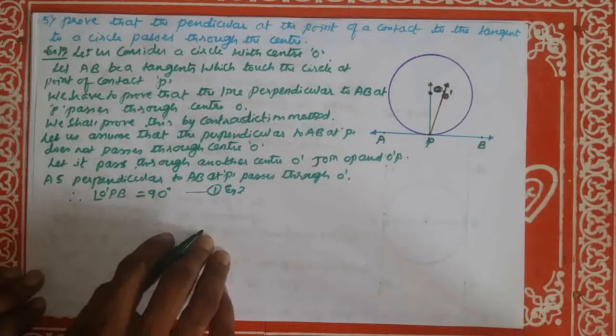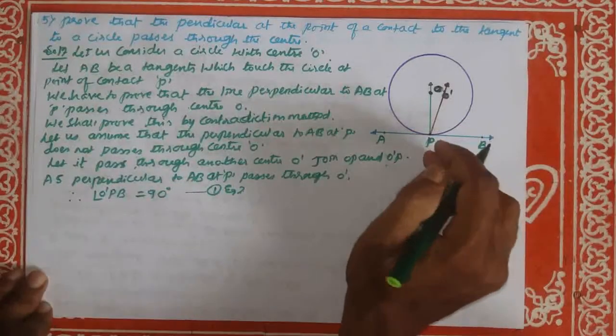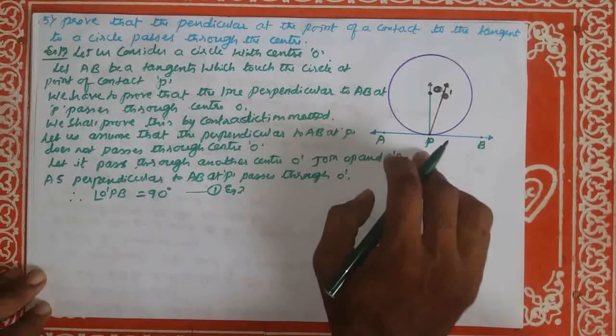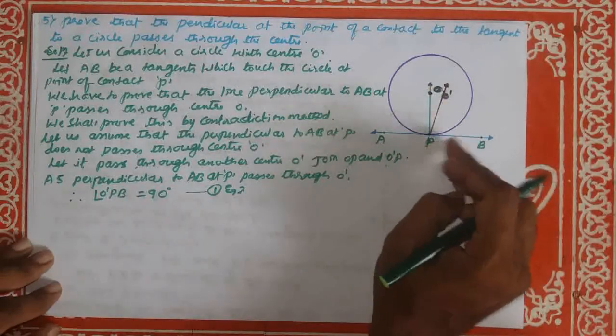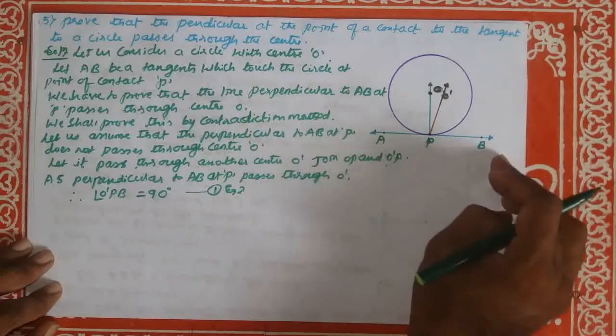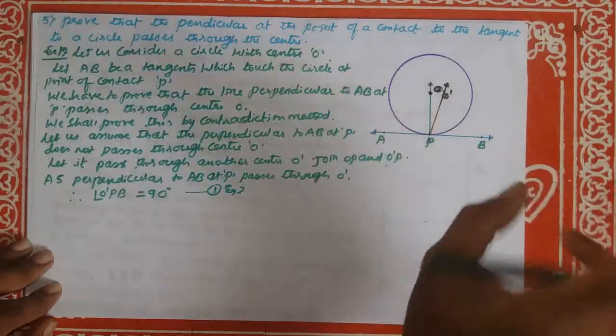O is the center of the circle and P is the point of contact. We know that the line joining the center and the point of contact to the tangent of the circle are perpendicular to each other.